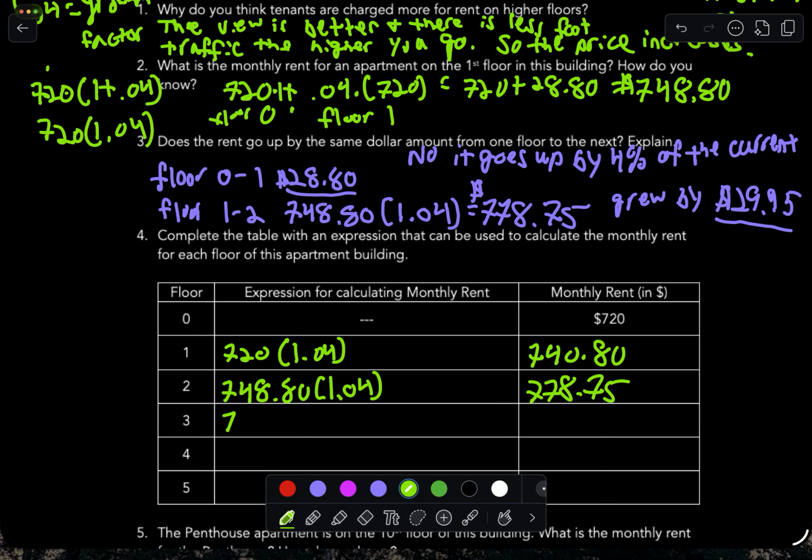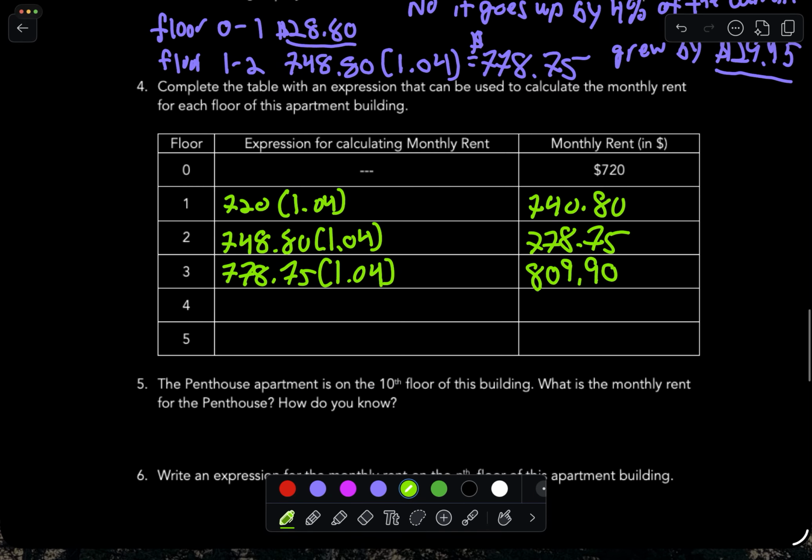And then we're going to take that 778.75, and again, to go to the next floor, we're going to add 4%. We can incorporate that by saying 1 plus 0.04. And when you do that, you get 809.90. Okay?